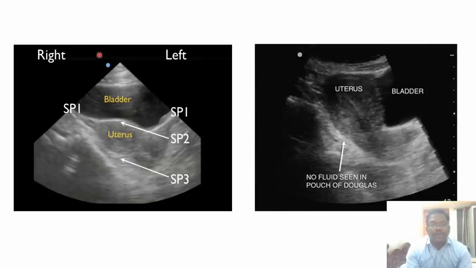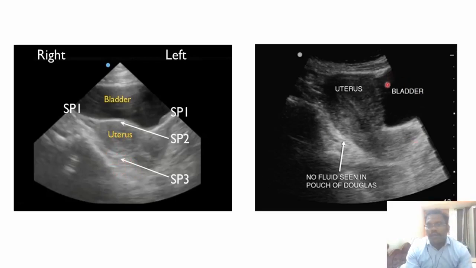So again, another transverse and longitudinal pictures of female pelvis. In the transverse picture, you can see this is the urinary bladder, completely anechoic structure, and posterior to the urinary bladder, we can see the uterus, which is the isoechoic structure, and posterior to the uterus there is the rectum, and there is no fluid collection between the uterus and the rectum.